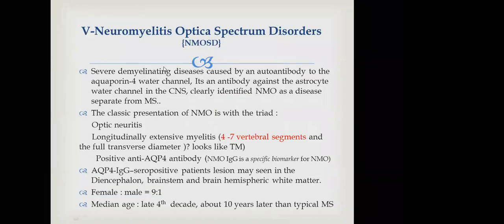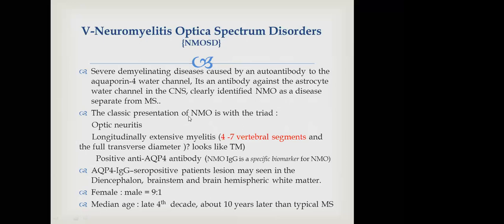Neuromyelitis optica is another entity, a severe demyelinating disease caused by an autoantibody to the aquaporin 4 water channel. It is an antibody against the astrocyte water channel in the CNS, clearly identifying neuromyelitis optica as a disease separate from multiple sclerosis.